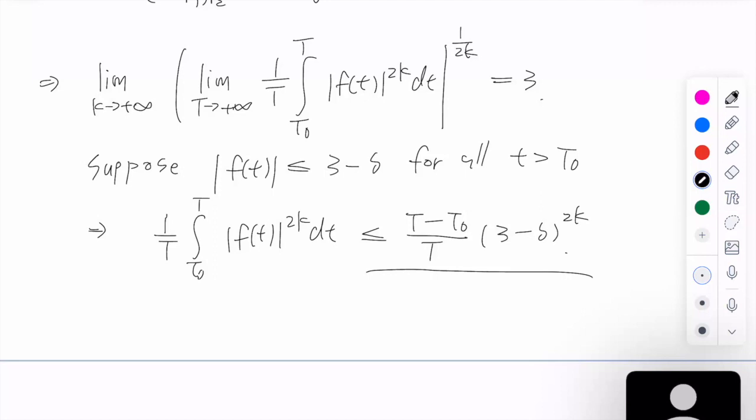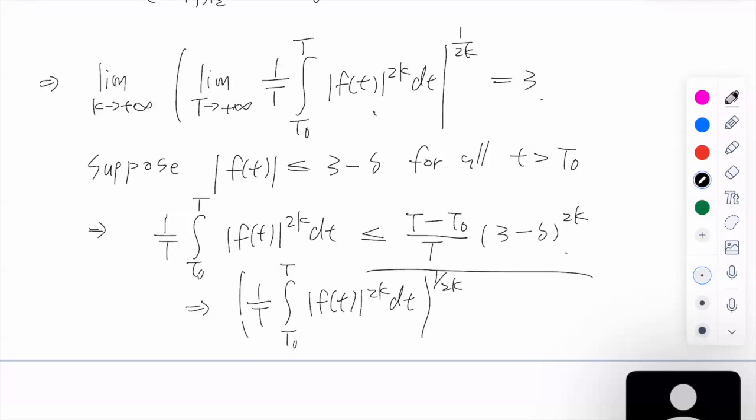And if we throw this expression into the above expression, we find that the whole thing, 1 over t, integral from t0 to t of f(t) raised to the 2kth power, to the 1 over 2k.